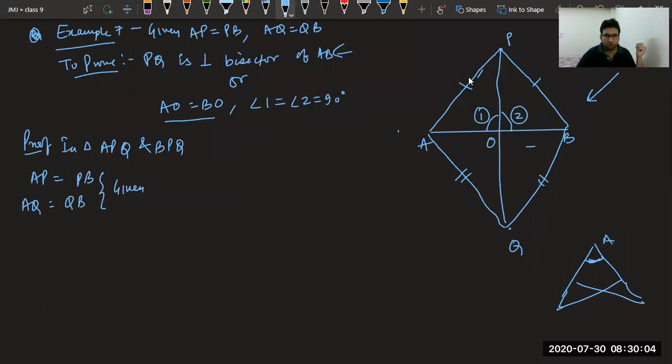And from our side, all of you, what will we take from our side? Mishti, fast. It is PQ equal to PQ, common. Very good. So by which criteria? By SSS criteria, we have got triangle APQ congruent to triangle BPQ.